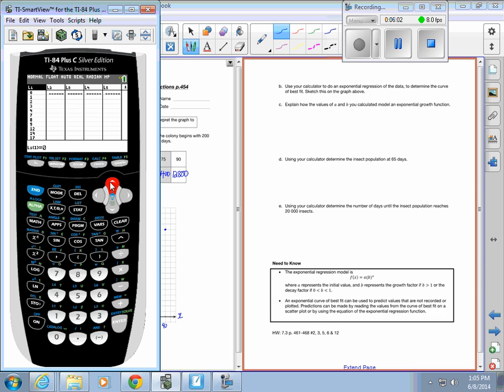All right, so my list one, those are my x variables, so that's going from 0 to 90. Oops, better make that 90. Okay. List 2 then, that was my y values, my ants.